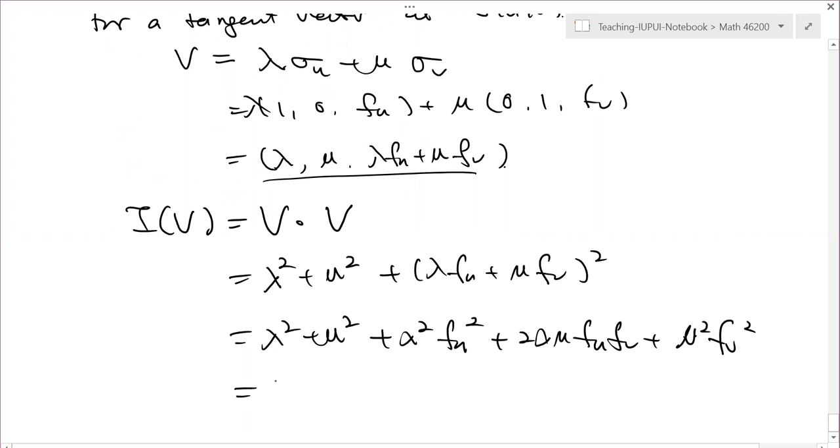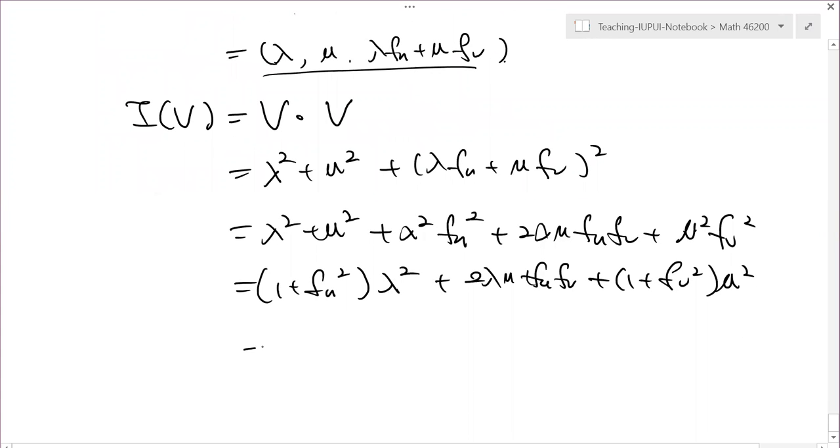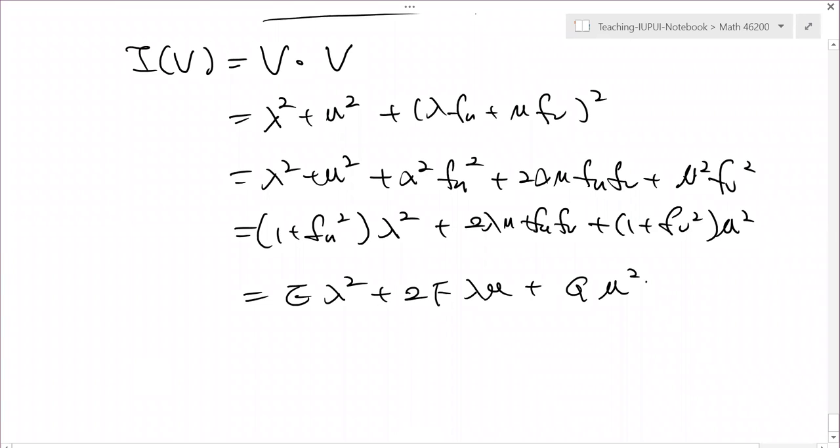So the coefficient of lambda squared is 1 plus f_u squared, and you have twice lambda mu f_u f_v, and then you have 1 plus f_v squared times mu squared. So this is my E, that is my F, that is my G. G is 1 plus f_v squared, E is 1 plus f_u squared.